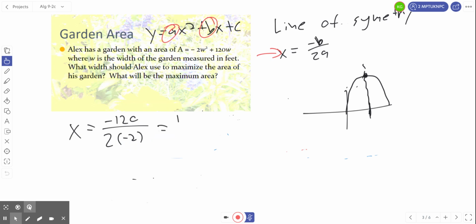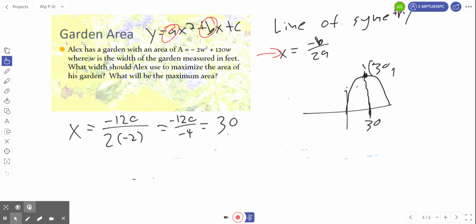In other words, it's negative 120 over negative 4. The negatives will cancel out, and you will get 30. So 30 is the x-coordinate of the vertex. What width should Alex use to maximize the area of the garden? The answer to that is 30.